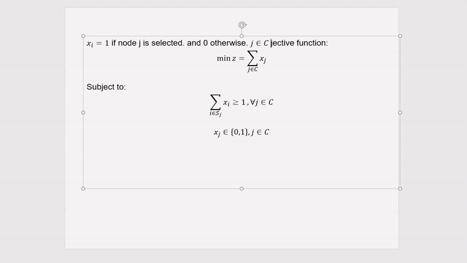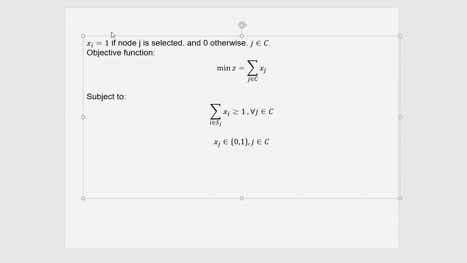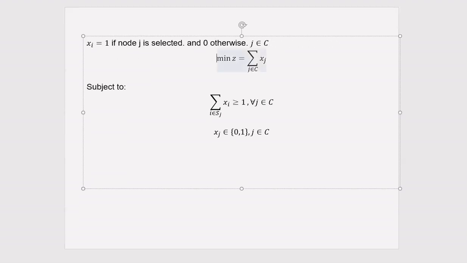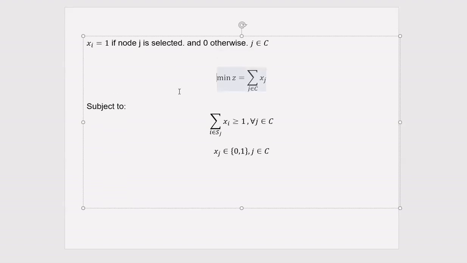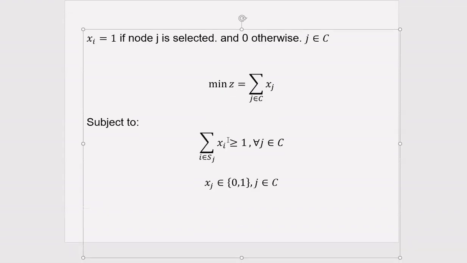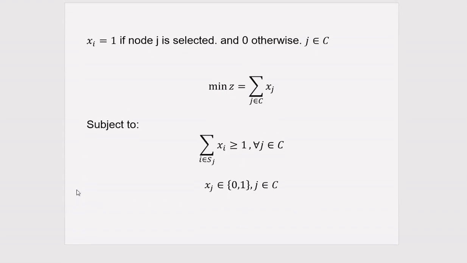So now we would say this is a generalized or generic formula for set covering. It's not for a specific problem such as finding the shelters. It applies to any problem in which you have a set of nodes and you want to select a bunch of them that covers some other nodes.